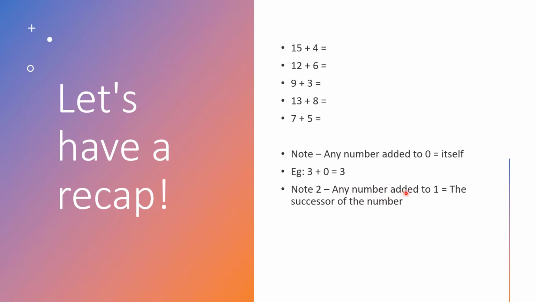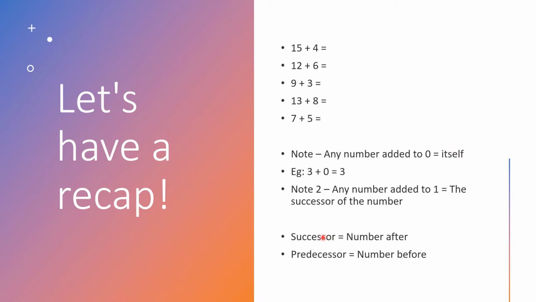Any number added to 1 is the successor of the number. Now, you may be thinking, what is successor? Well, successor is the number after. So if suppose we take the number 1, the successor of 1 will be the number after 1, which is 2.